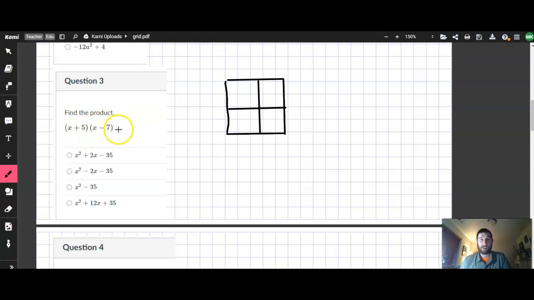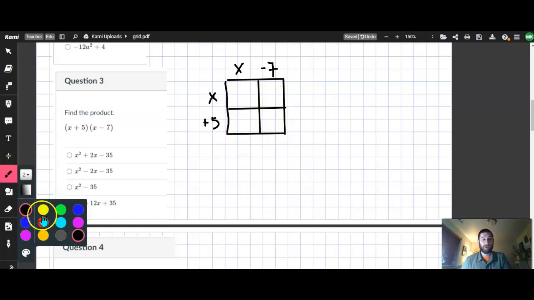And so, just like length and width, we're going to write the x plus 5 on one side as a label and the x minus 7 on the other side as a label. And so in order to find the area inside, I'm just going to be multiplying. But notice how I wrote it. I wrote it specifically lined up with the box so that we can focus on each term one by one.